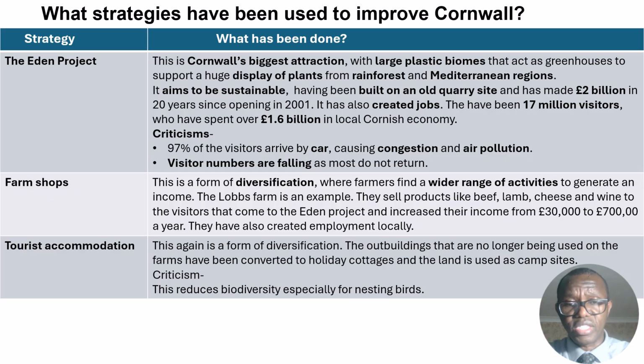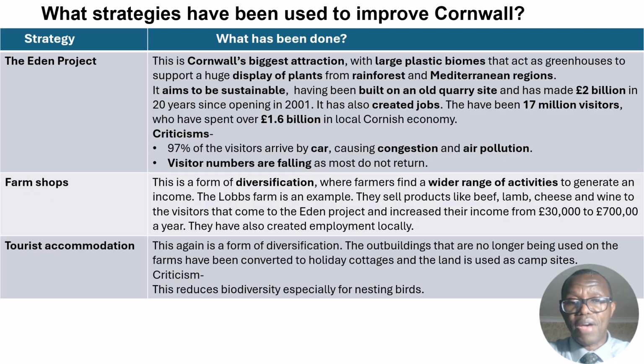What are the criticisms though? So 97% of the visitors to this particular project arrive by car, and that causes a lot of congestion and air pollution. And then the visitor numbers have been declining because most of the people that visit don't come back for a second trip, and that is impacting on the income that was being generated initially.